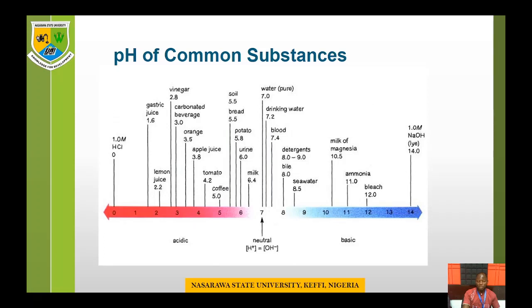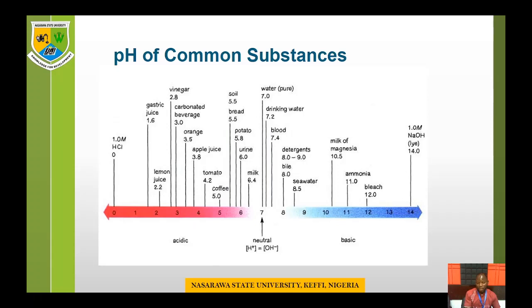Tomato has a pH of 4.2. Coffee has a pH of 5.0. Soy has a pH of 5.5. Bread has a pH of 5.5 too. Potato has a pH of 5.8. Urine has a pH of 6.0. Milk has a pH of 6.4. The implication is that these substances are all acidic.